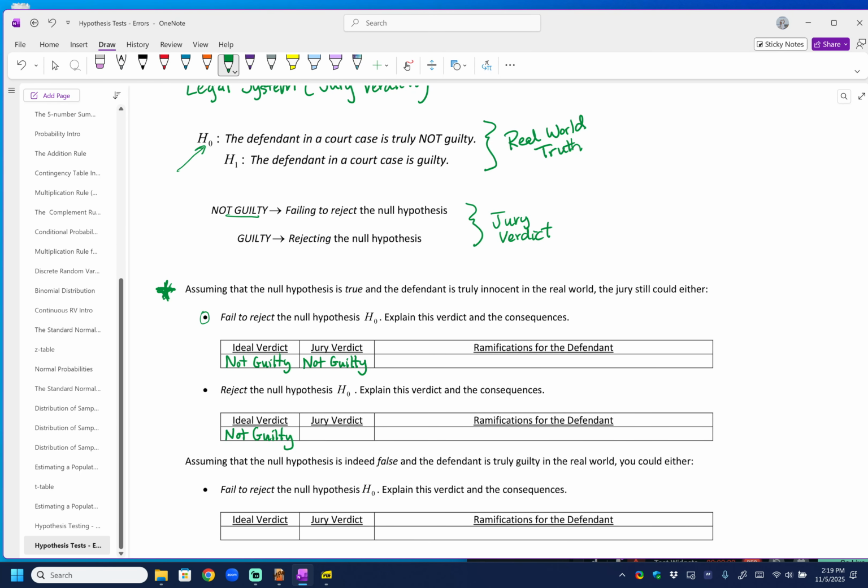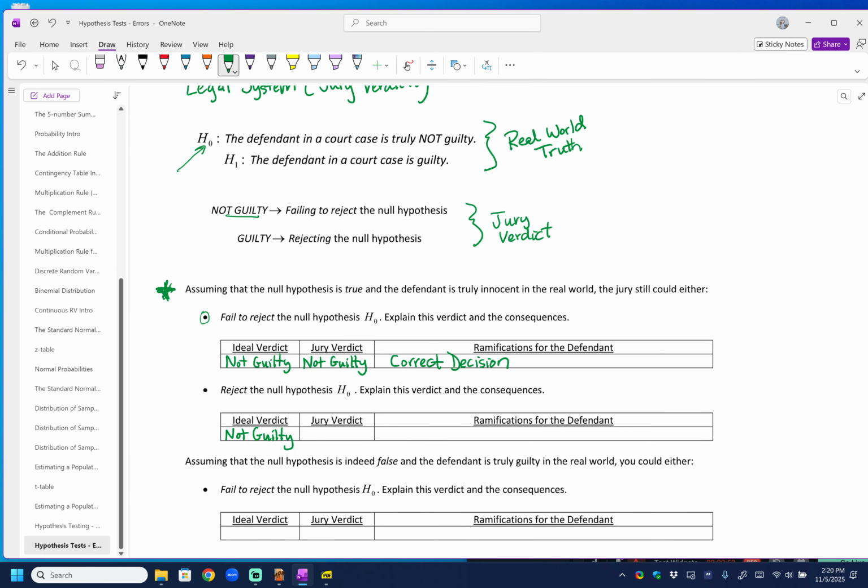The jury has come through and said they're not guilty, which means we have a correct decision. This is exactly what we want the jury system to do. It's to make the correct decision. And it's the same thing with the hypothesis test. We wanted to make the correct decision. So hopefully you can see the mirroring of these two concepts that really works out well.